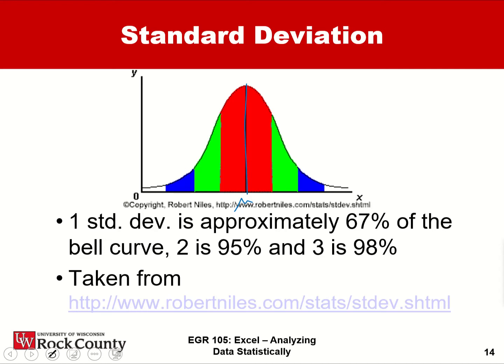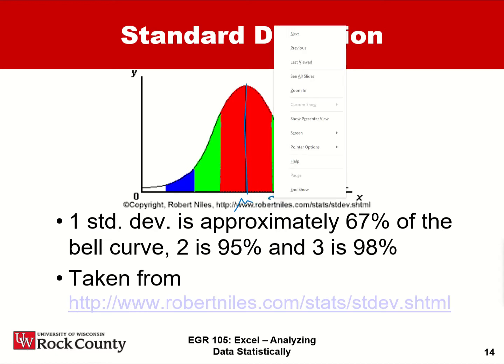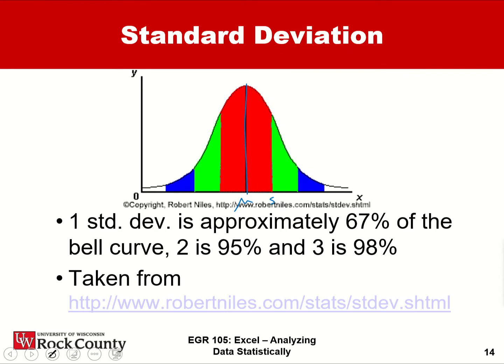And if we look at this, we can look at one standard deviation, called S. We'll call it S, and here's a minus S. And if we look at this red part in here, right, this red section, 67% of the data falls within that range. So if I give an exam and I give you the average and you take the standard deviation plus or minus that, 67% of the class should fall within that range.